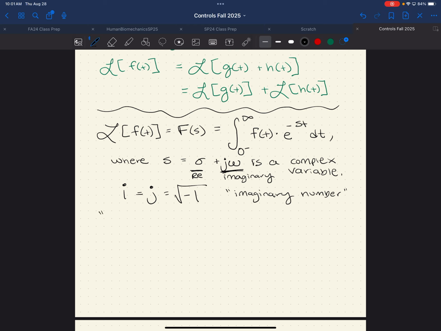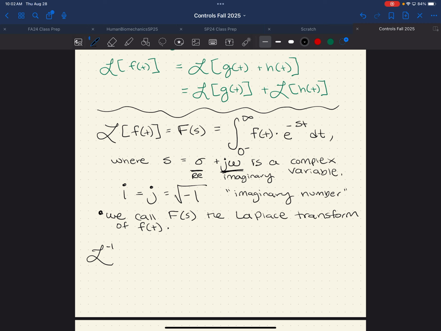Okay, just to be formal here, we call F of s, sorry, that's not very clear that that's capital, we call F of s the Laplace transform of lowercase f of t. Okay, if we can Laplace transform it, do you think we can go back the other way? Yep, we can. What do you think we call it? The inverse Laplace, some of y'all read, good job. Inverse Laplace transform.